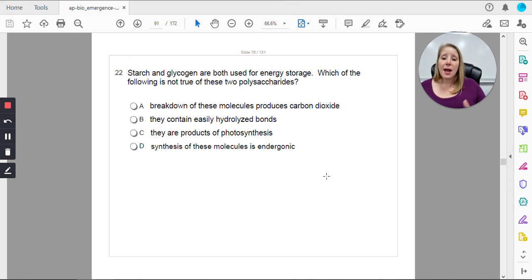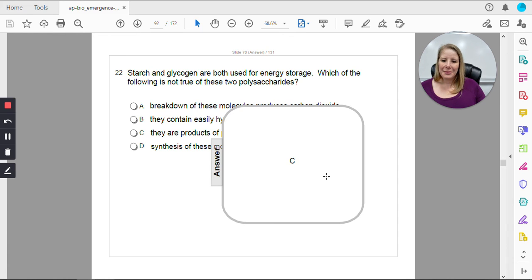So carbon dioxide is released from that. They are easily hydrolyzed, so when water is added, they will break apart, and they are endergonic, which means they need that input of energy to make them. Breaking them apart is quite easy.